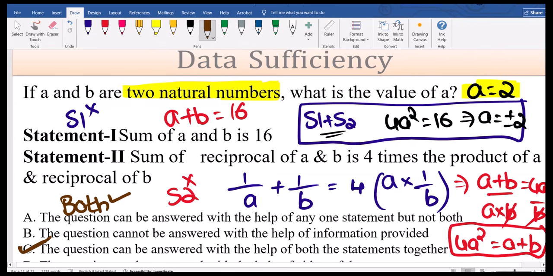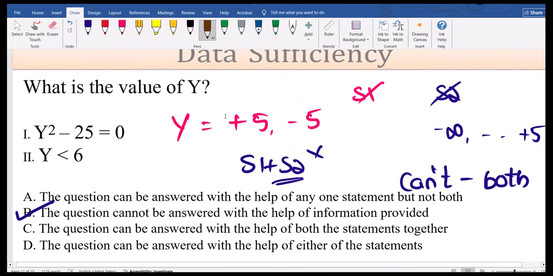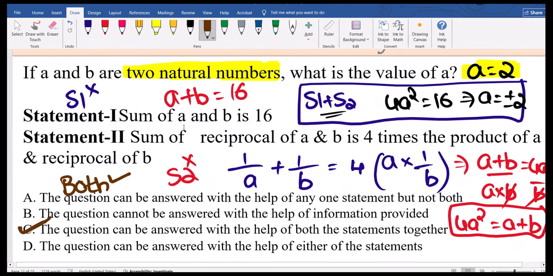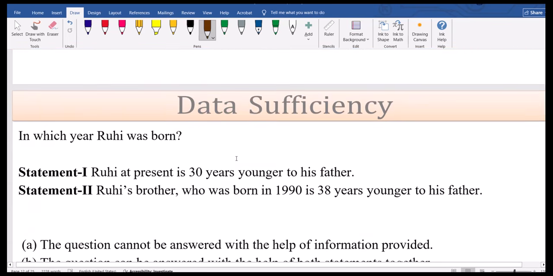In that Y question, the data is not there. In Y question, if they say Y is a positive integer, then one alone is okay. But here Y positive integer is not mentioned. Here A is plus or minus 2, but because of the given data natural numbers, we have to go for positive value, so A equal to 2. Both statements together we can answer.